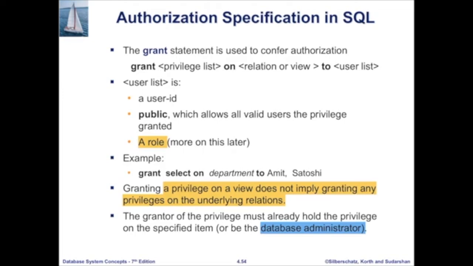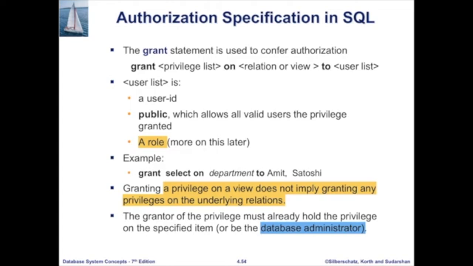So here's an example. We have grant the select privilege on the table department to Amit and Satoshi. So notice that we can actually have a list, not just an element. So grant, select, update on department courses to Amit Satoshi.